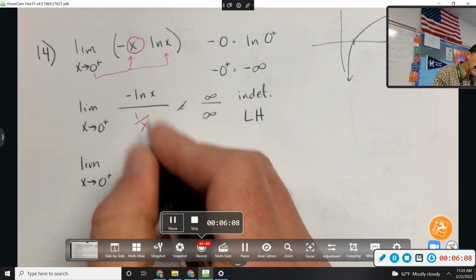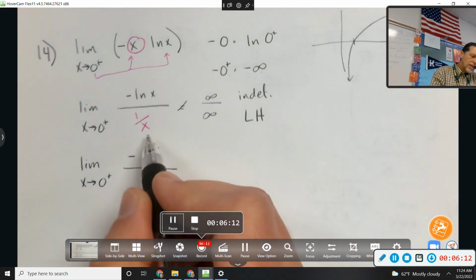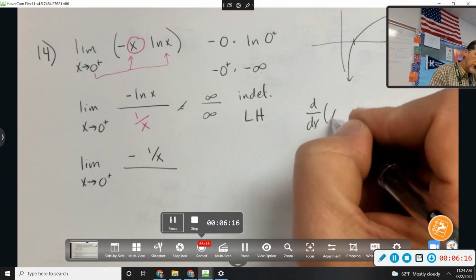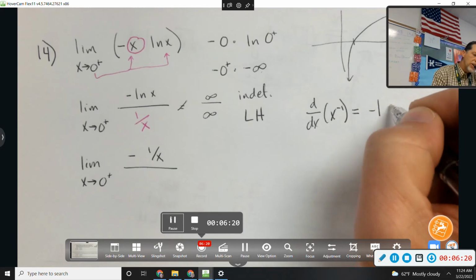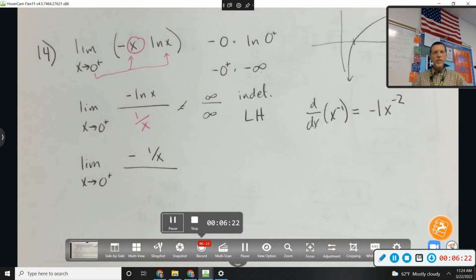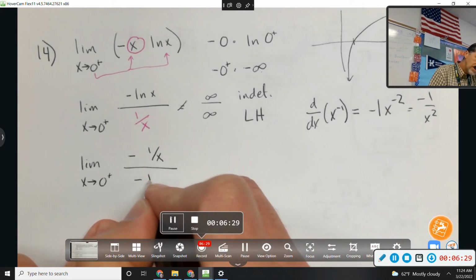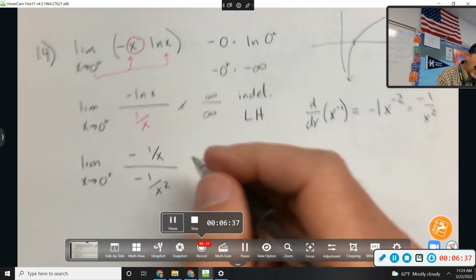So derivative of natural log is 1 over x. Derivative of 1 over x, I'm going to come out here to the side, make sure I don't mess this up. That would be negative 1 x to the negative 2, which would be negative 1 over x squared. Now I've got a keep it, change it, flip it problem, I guess.